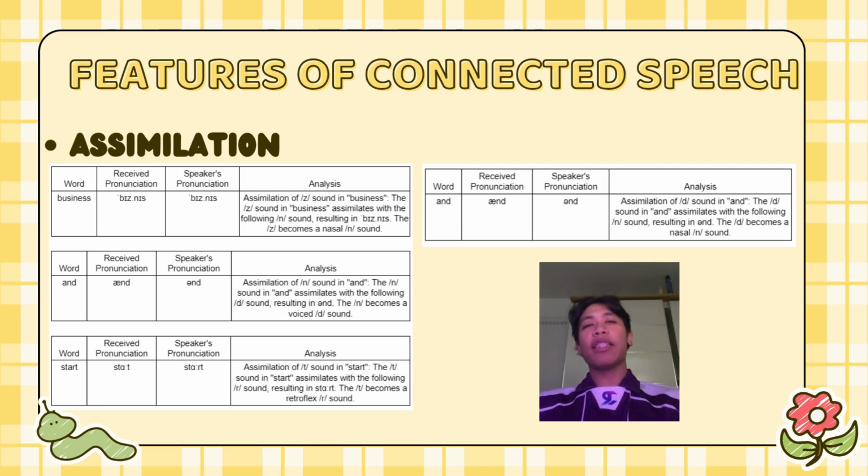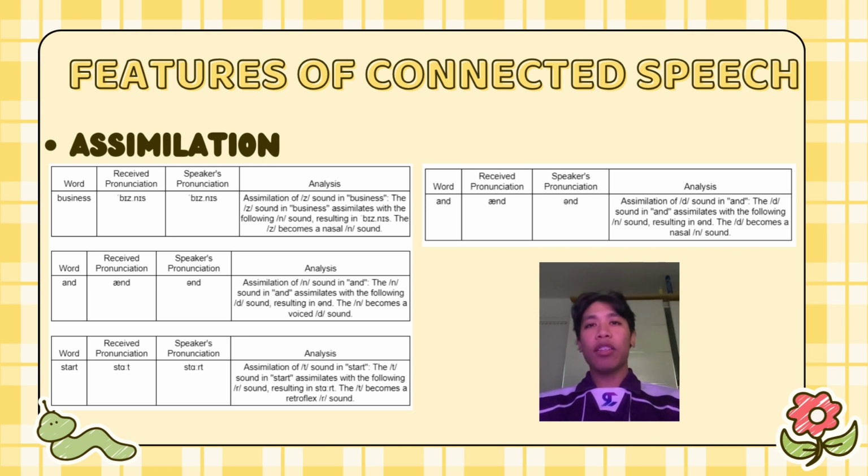And for regressive assimilation, a sound is influenced by a preceding sound. For example, in the phrase good boy, the D sound in good is influenced by the B sound, making it sound more like good boy.